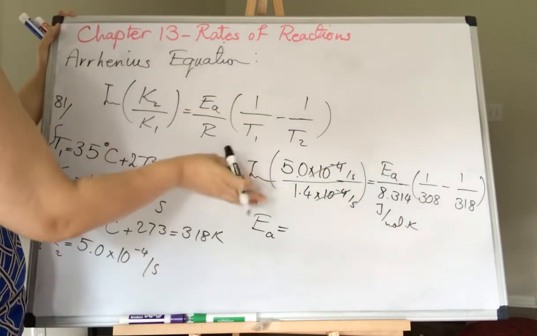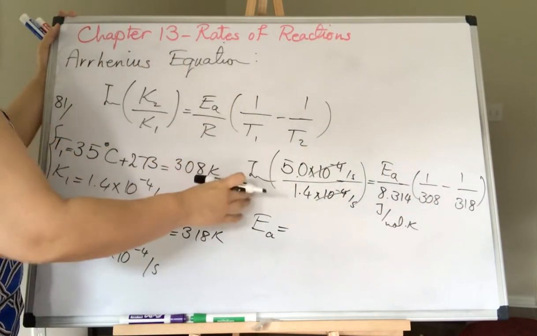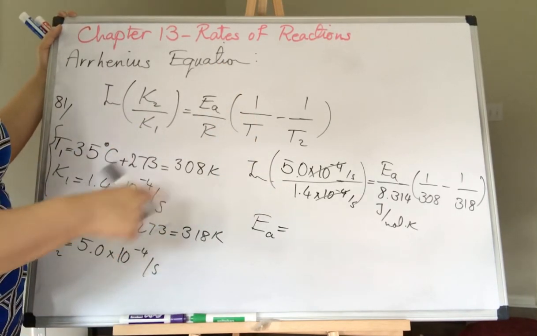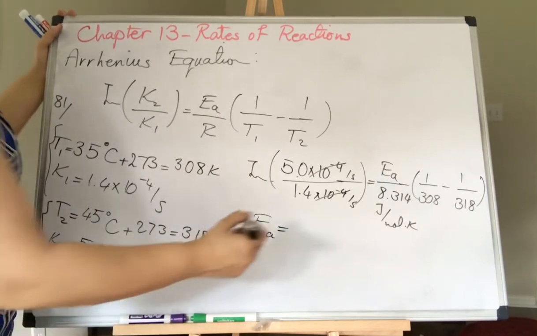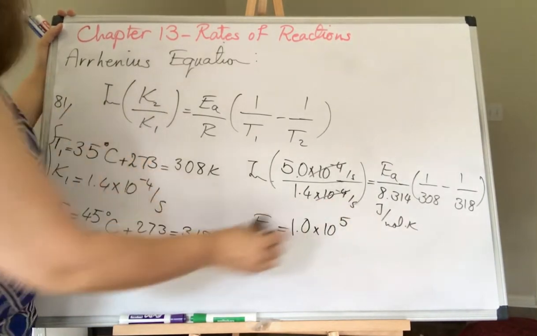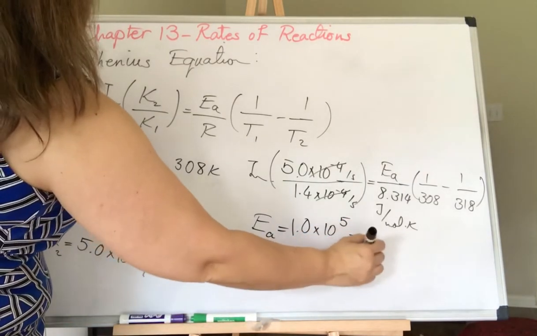And then in order to get rid of ln, you take e to the power of that number. So EA will be 1 times 10 to the 5th joule per mole.